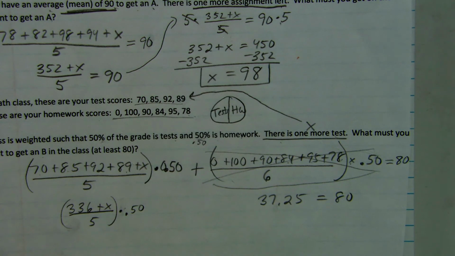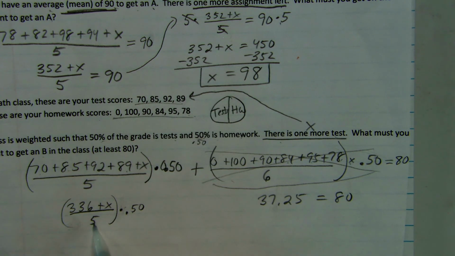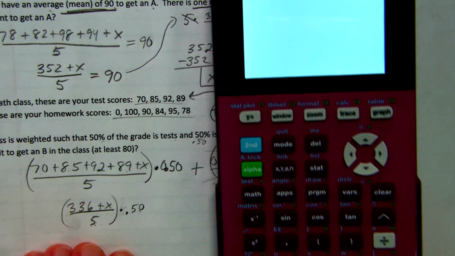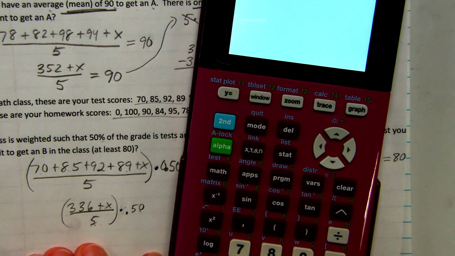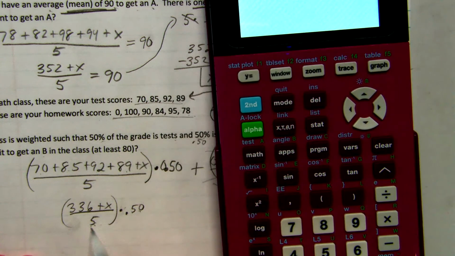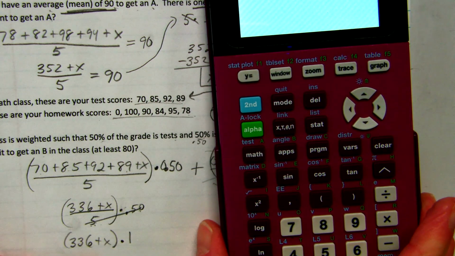Now I'm going to do a trick. I'm going to put 0.5 and divide by 5, since 5 is actually being divided, and put those numbers together. So 0.5 divided by 5 is 0.1, and that's going to get rid of this and just make it 336 plus x with just a 0.1 on the outside.